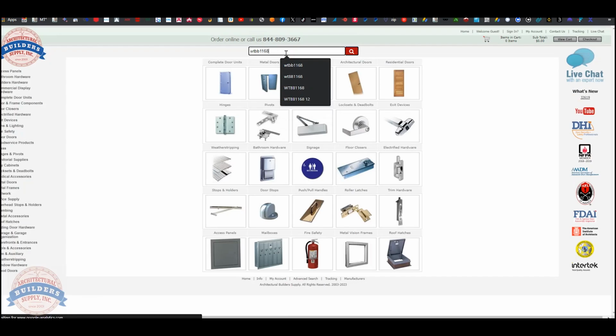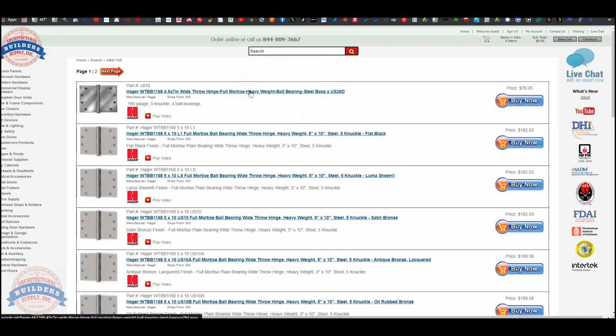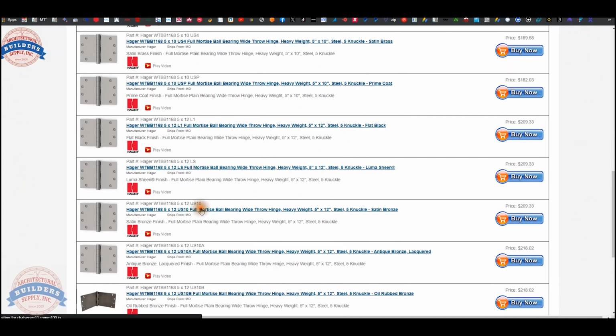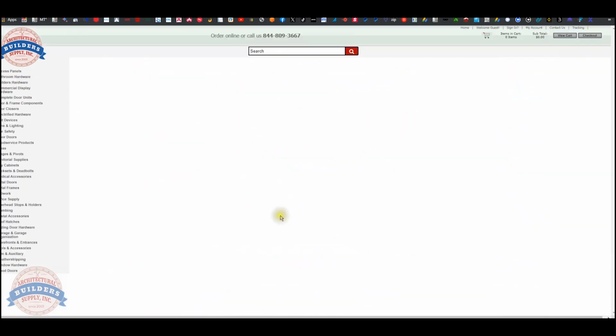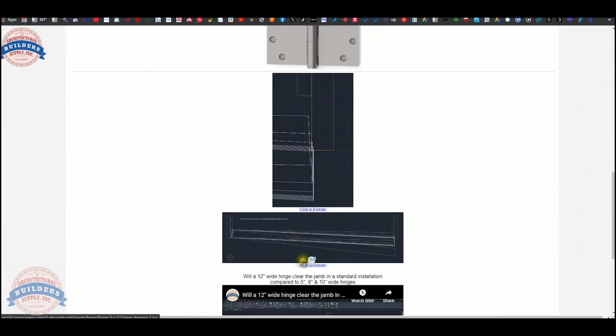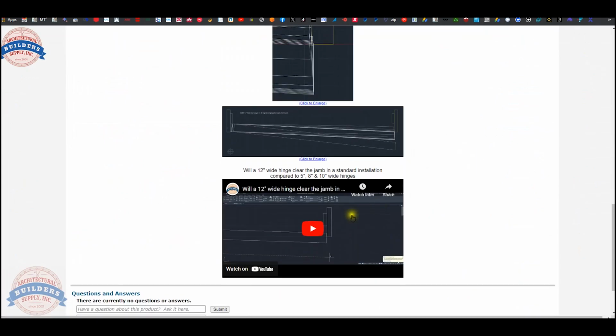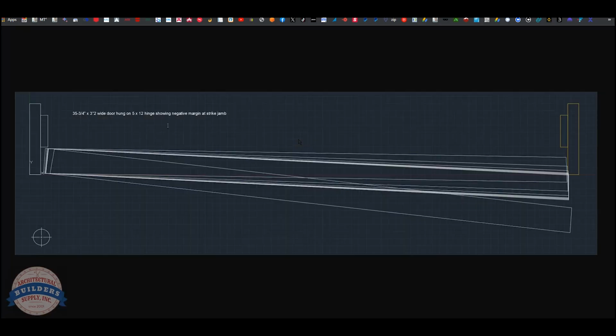WTBD 1168. I have a video of a 5x12 hinge. Basically, what we have here is a pivot point that would be reflective of a 12-inch wide hinge.